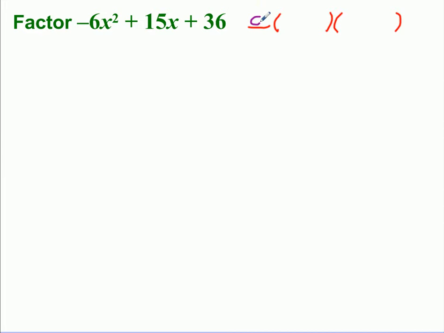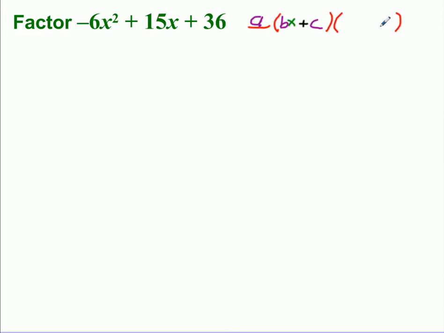I'm going to have some constant value out front. Perhaps it might be 1, but it could be some other number. I'm then going to have another constant value here in front of the x. And then that's going to be added to a third constant value.